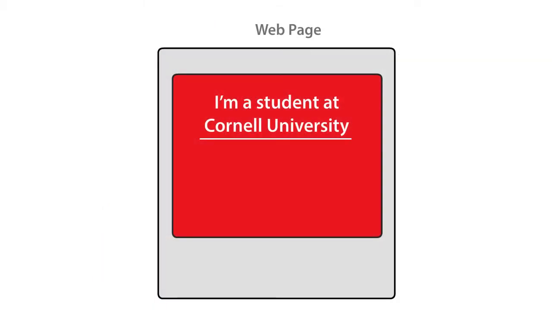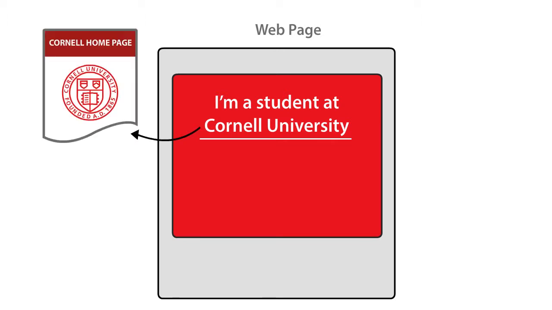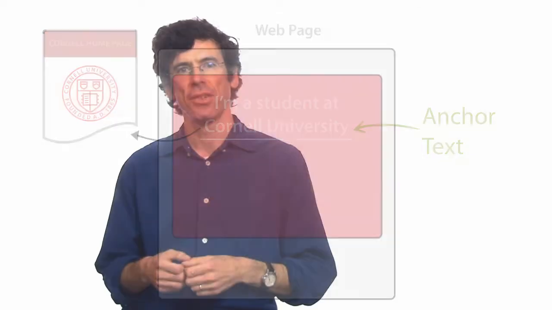So a web page says, I'm a student at Cornell University, and you click on that word Cornell University, chances are you're going to end up at the Cornell homepage. That's called the anchor text for that link. And anchor text is usually a particularly potent descriptor of the page it leads to, right? Many things on the web that say Cornell University and are clickable lead to Cornell. So text and links are certainly two of the bedrock components of what search engines use. But they're using many, many other sources of information too.